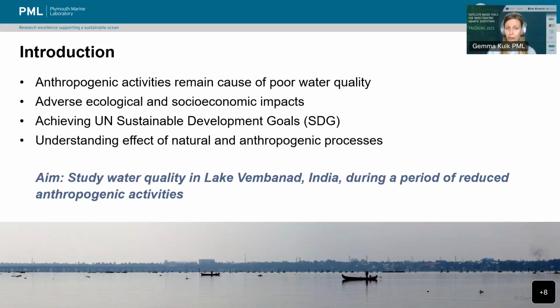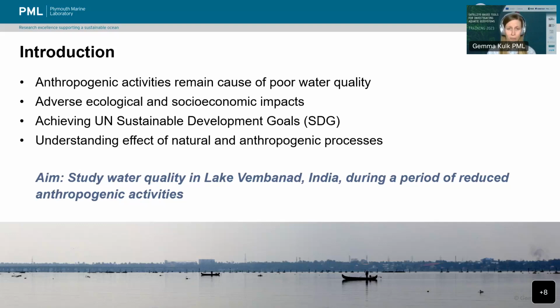And then target 14.2, which is by 2020, so that's already in the past, sustainably manage and protect marine and coastal ecosystems to avoid significant adverse impacts by strengthening their resilience and take action for their restoration in order to achieve a healthy and productive ocean.